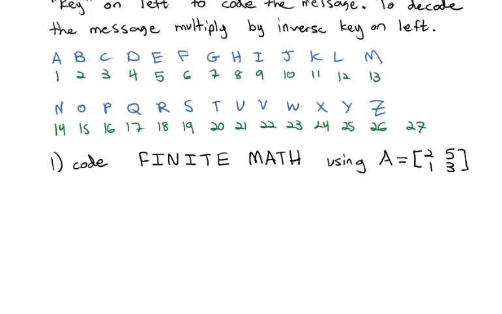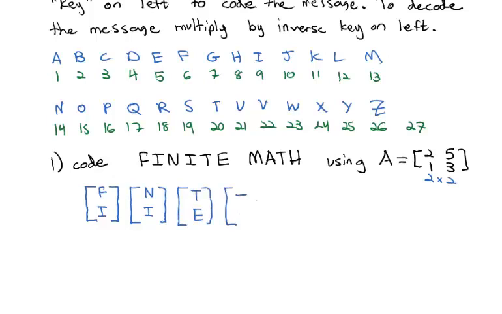Because our key is a 2 by 2 matrix, we are going to make columns of 2 out of our message. So in columns of 2, we're going to have FI, the next matrix, NI, and then the next matrix, TE.